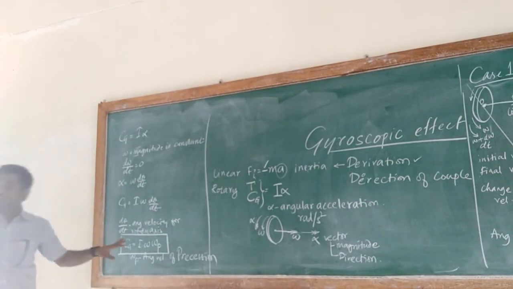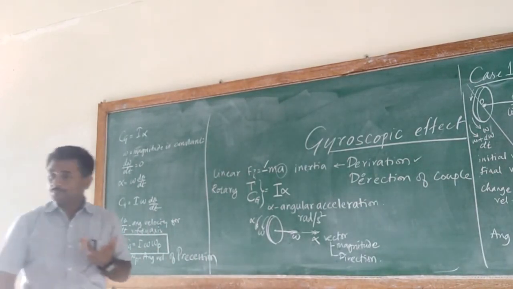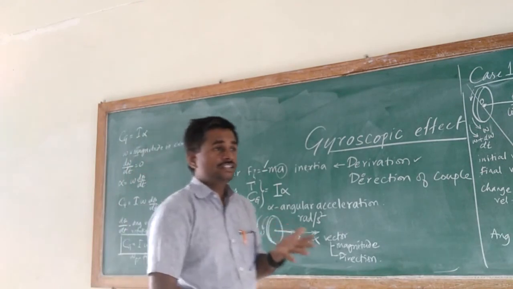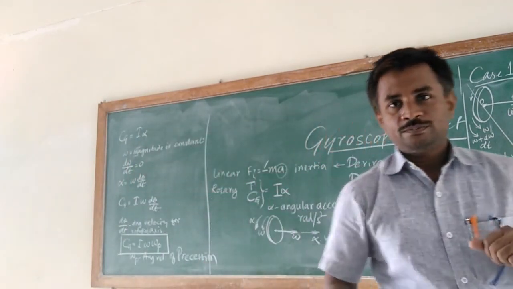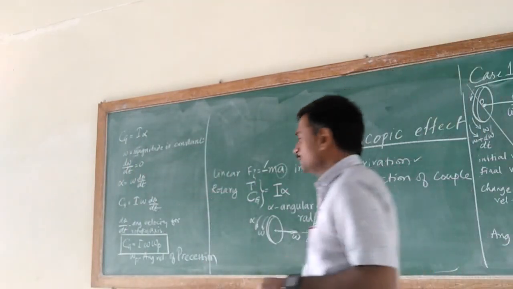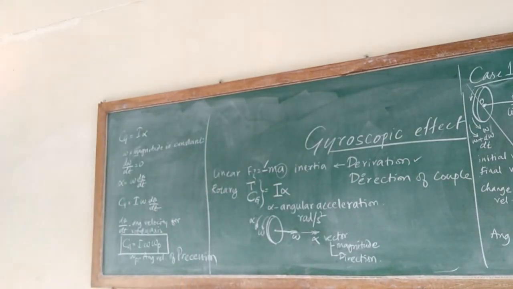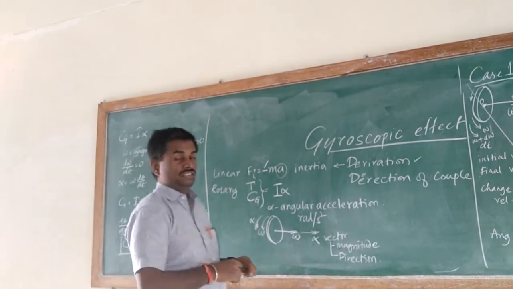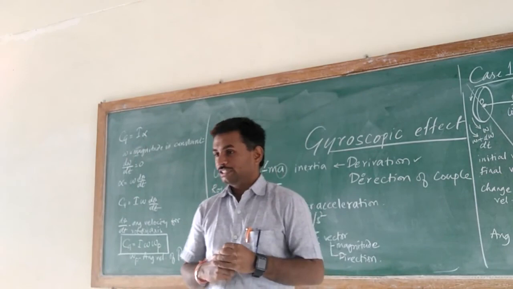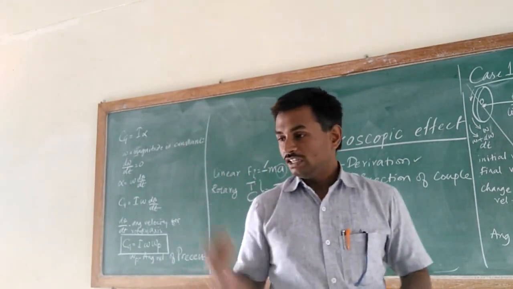The same formula we have to use on aeroplanes, ships, two-wheelers and four-wheelers, everything. So this is giving us the magnitude. Coming to the direction is a little complicated. I'll tell you after we copy this down.